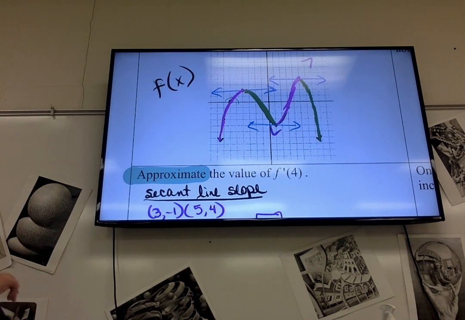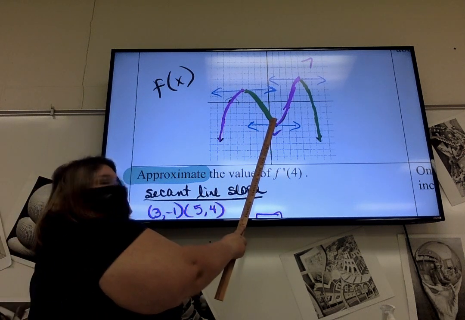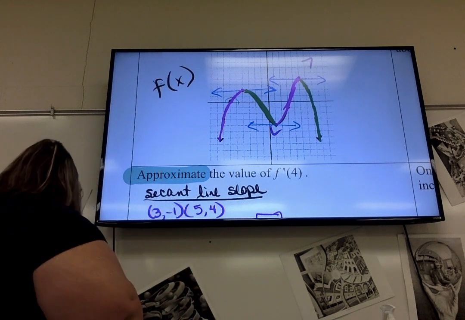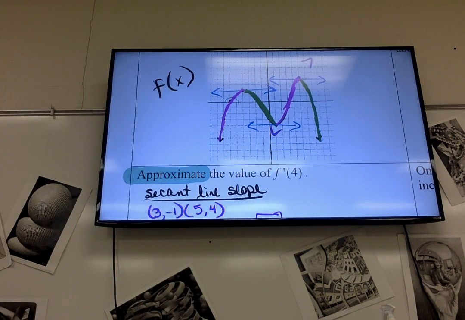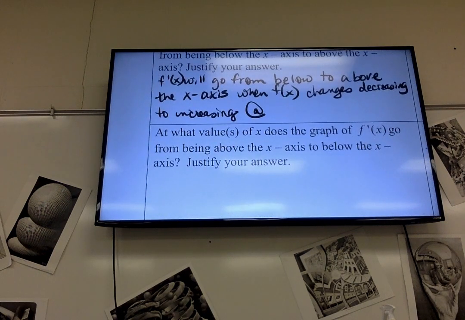That's the point it changes, because it's going from a negative f prime of x to a positive f prime of x. At that point where it passes the x-axis, okay, that makes more sense. At x equals 1. Okay, the last one, I probably won't have time, but we'll see.